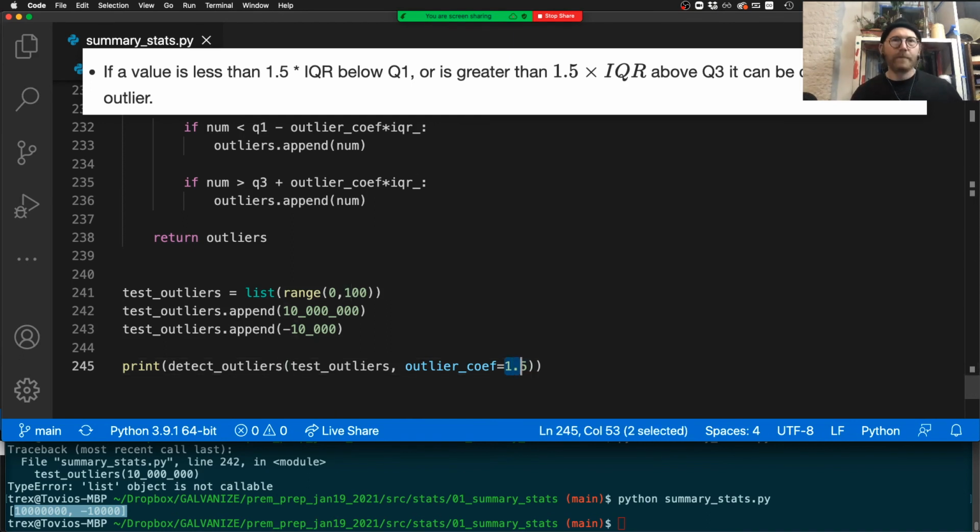Yeah, let's try it with 20. I think 20 should do it.